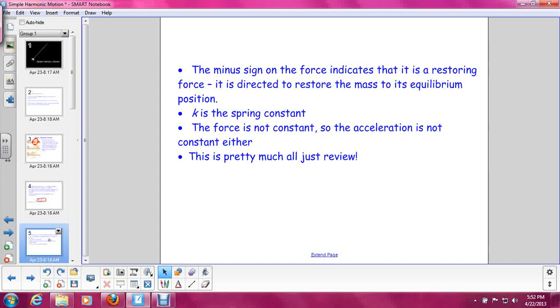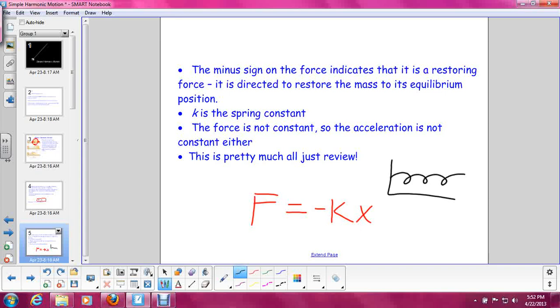Now, a few notes about this that we should already know, but a little refresher. The minus sign in our Hooke's law equation, remember it's F equals minus kx, the minus sign indicates that this is a restoring force. So what does that mean? Well, if I have my spring all stretched out, my box is way over here, I have pulled my box this way, but the force wants to bring it back this way.